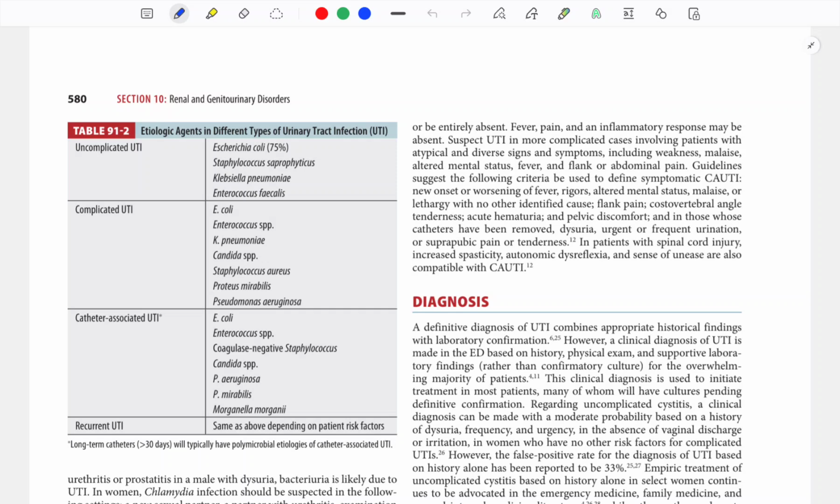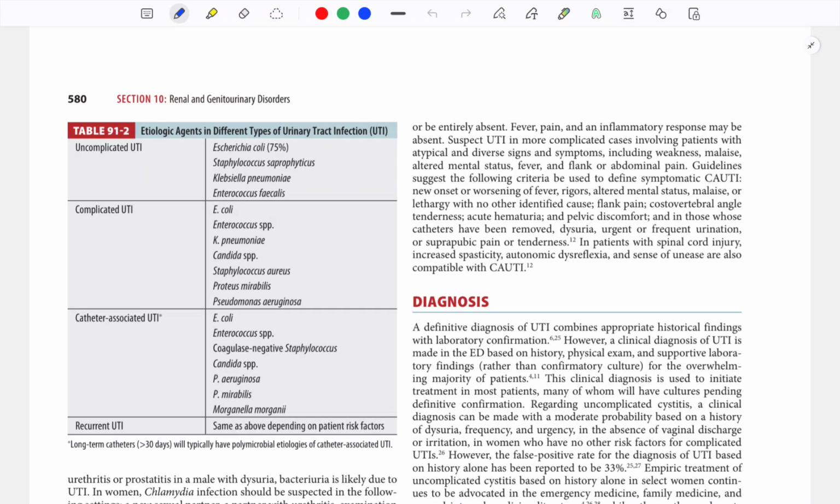In a woman, a history of vaginal discharge or irritation is more associated with vaginitis, cervicitis or PID rather than UTI. What is pyelonephritis? There will be flank pain and costovertebral angle tenderness, because the kidney lies at that angle between the ribs and the vertebra.